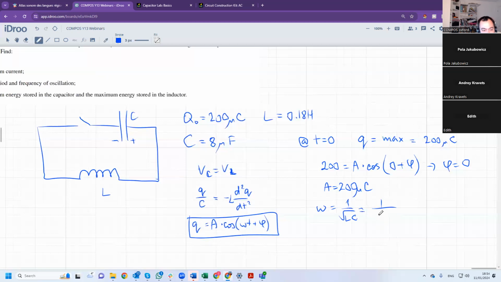And this is 1 divided by the square root. L is 0.18 multiplied by C, which is 8 times 10 to the minus 6.